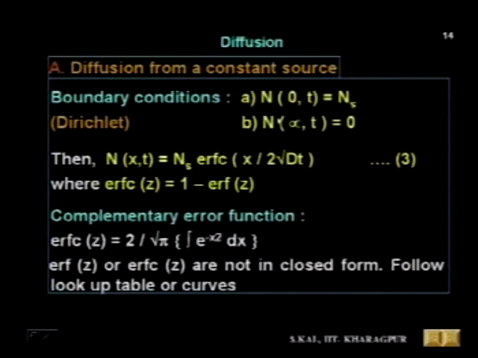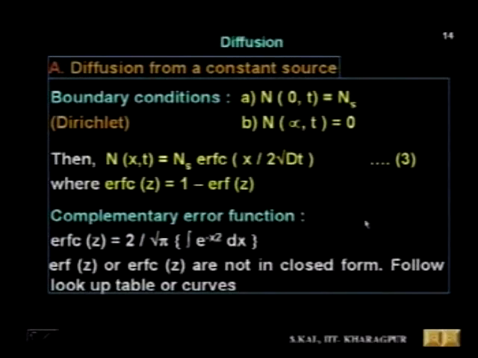And the second one is at x equal to infinity. That means at a larger depth of the silicon crystal from the surface, the impurity concentration is 0. That means at the surface it is maximum, Ns, and at a larger depth from the surface the concentration is 0.